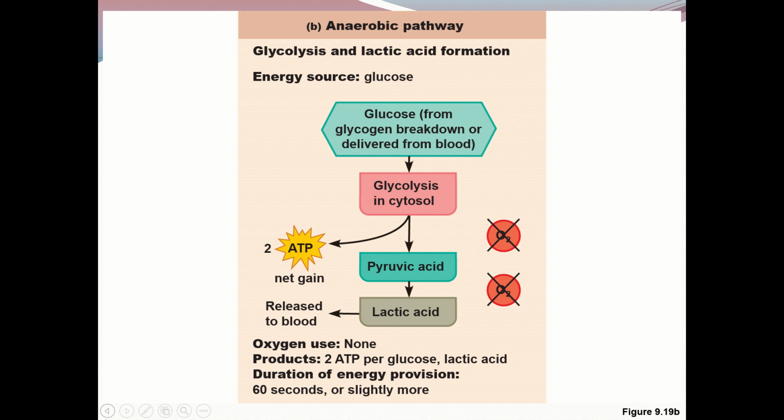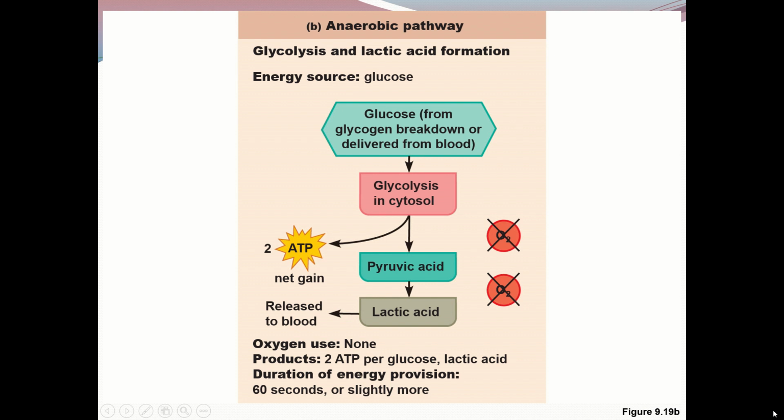So here's the anaerobic pathway. You can see that glucose is the primary energy source here, and glycolysis translates as the breaking of glucose into 2 molecules of pyruvic acid. And so the pyruvic acid then has 2 fates. It can either go into the mitochondria for aerobic respiration, but it has to have oxygen to do that.